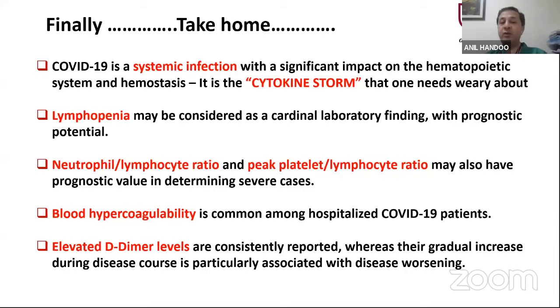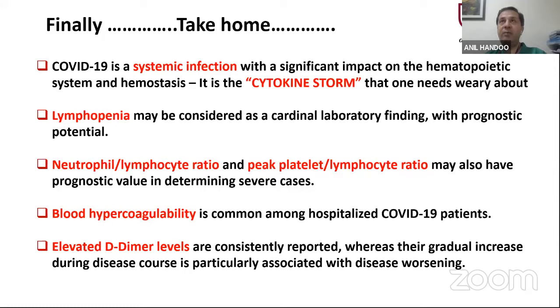Neutrophil lymphocyte ratio, peak platelet to lymphocyte ratio, NLR with RDW, and lymphocyte counts with RDW, all these are very interesting parameters which have a prognostic significance rather than a diagnostic significance. Blood hypercoagulability is very common, especially among hospitalized patients in COVID-19, and that needs to be taken care of.